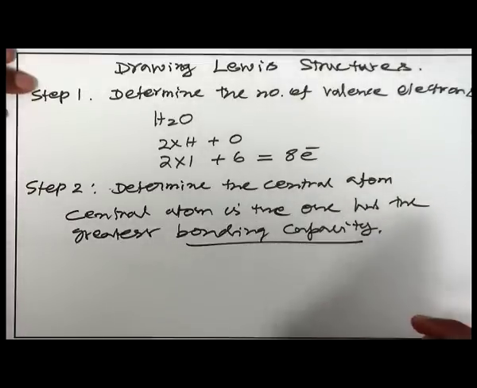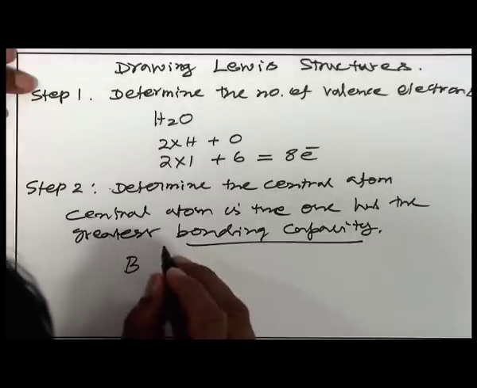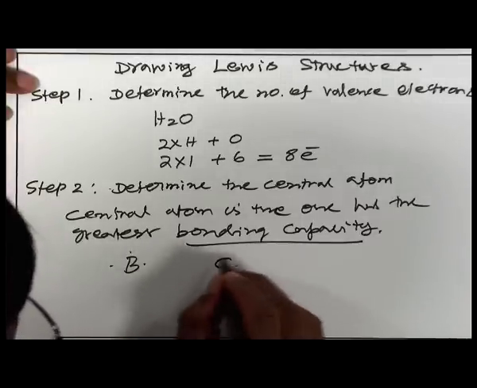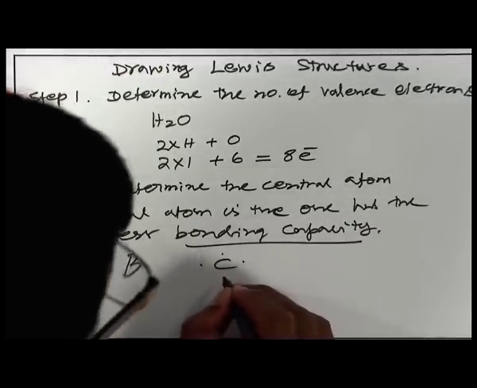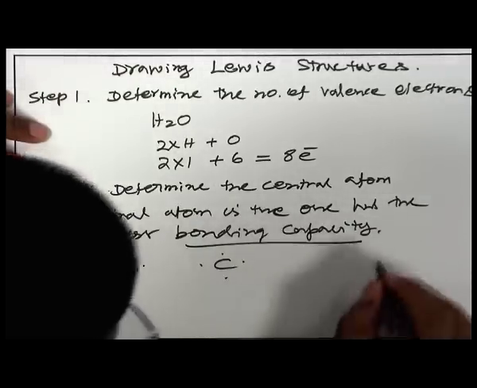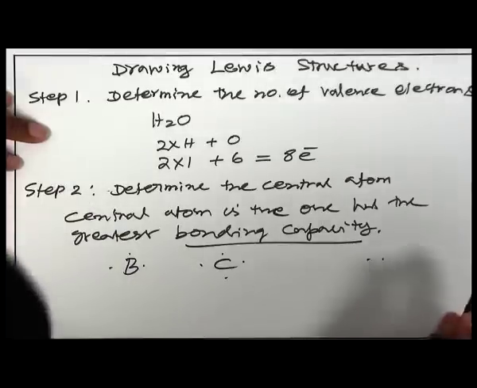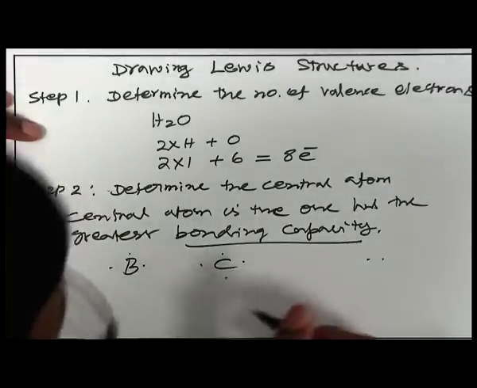For example, boron has 3 unpaired electrons: 1, 2, 3. Carbon has 4 unpaired electrons. Paired means dots together; unpaired means they are not paired. So there are 4 unpaired electrons for carbon.